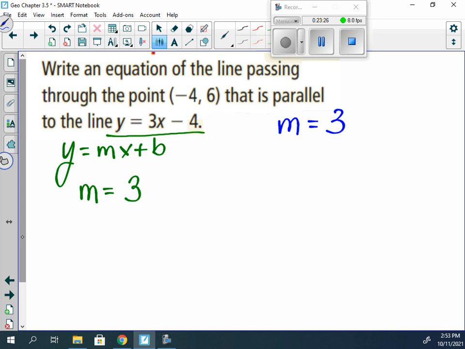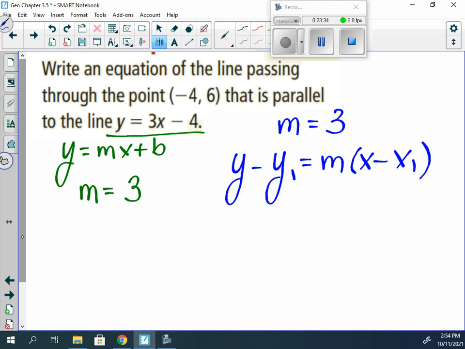Now, since they gave us the point, we can use y minus y1 equals m times x minus x1. Now we know the slope is 3 because we got it from the other equation. And really, that's all we need from the other equation, is the slope.